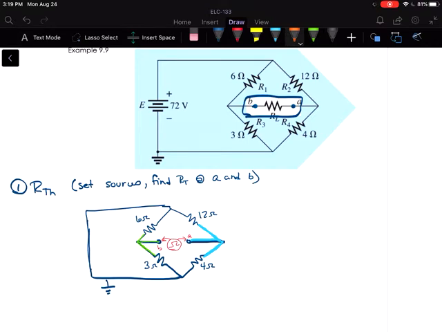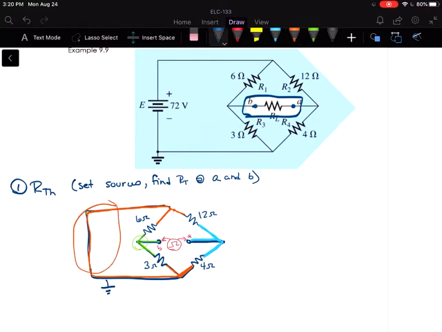So on the other side of the 6, that's connected to the 12. But notice it's also connected all the way over here to the 4 and 3. So that's interesting. So basically, your 6 and your 3 are in parallel because they share this point in common and they share this point in common.